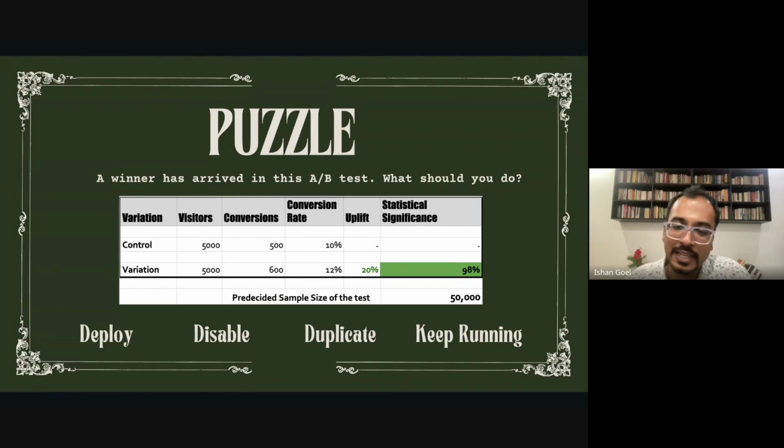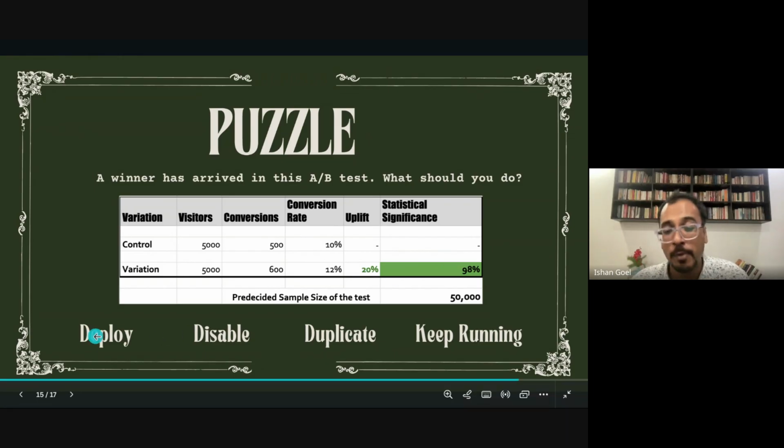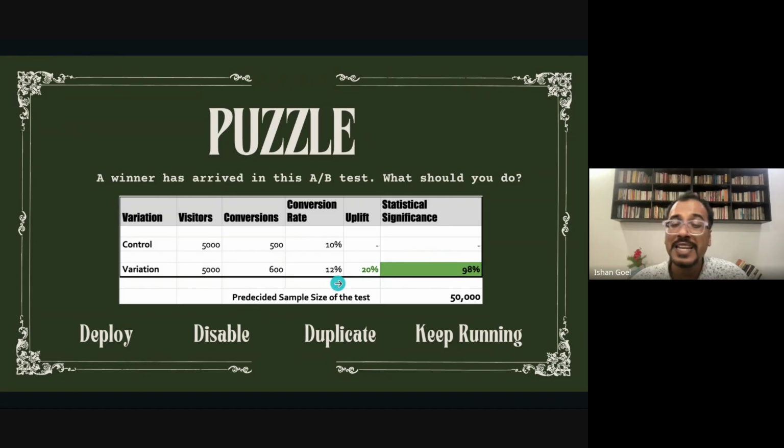So yes, I think the thing about this result is that it depends on how much such an uplift was expected. If it was expected and sequential testing was deployed in place, then you can deploy this result. But if this is a surprising uplift, and 20% uplift is generally surprising, then even with sequential testing, I would recommend that you run this a little bit longer.